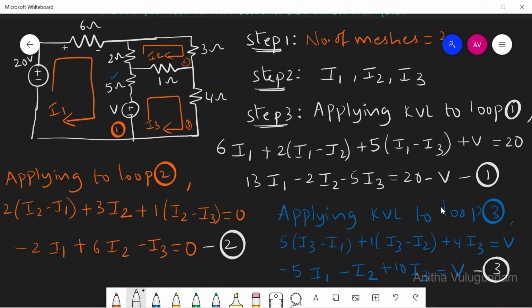We are done with applying KVL to each and every loop present in the circuit.